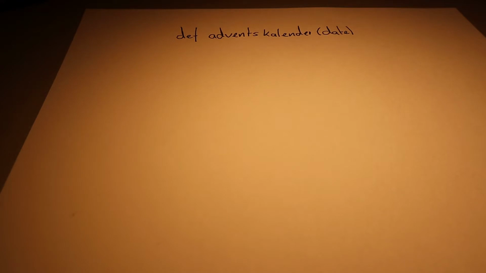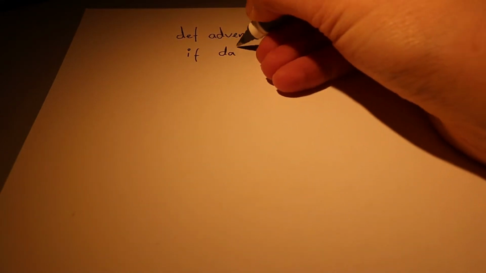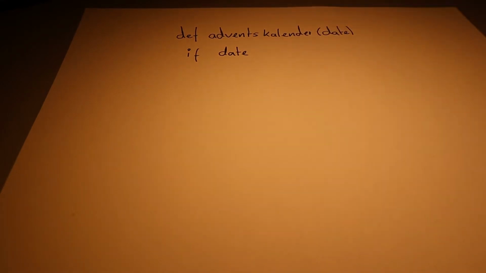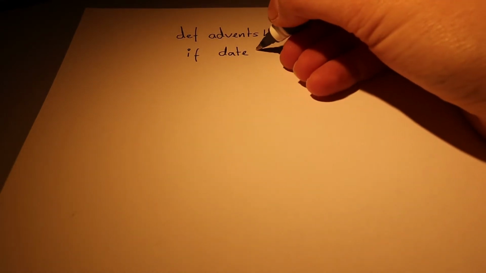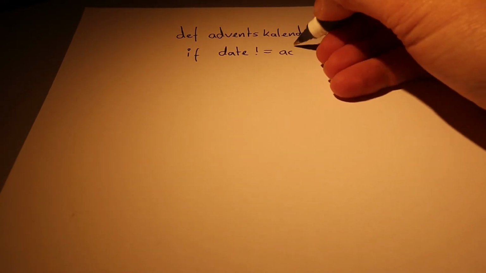And I would like to include a kind of control mechanism so the person cannot open all doors already on the first day. And the way I was thinking to do it is: if the date is unequal, I think when I remember right in Python it was like this, with actual date.